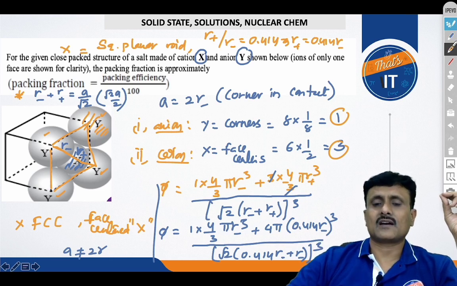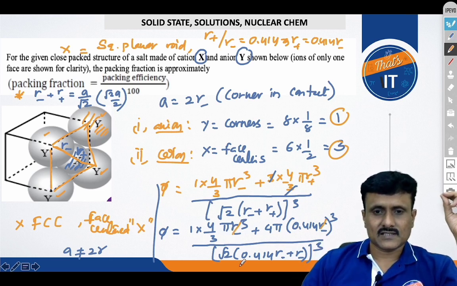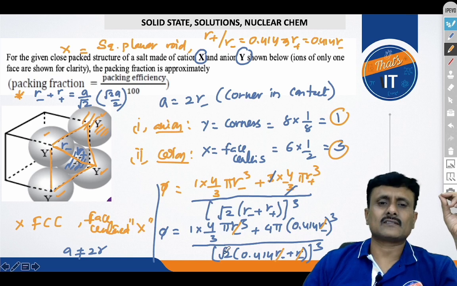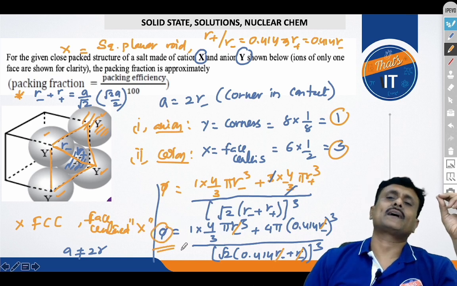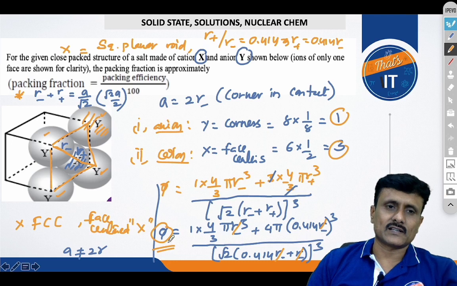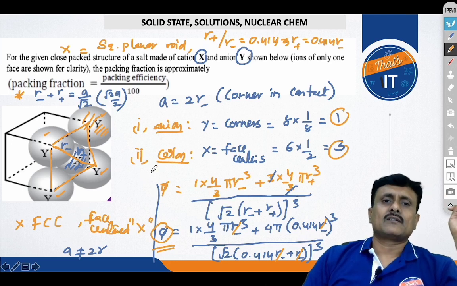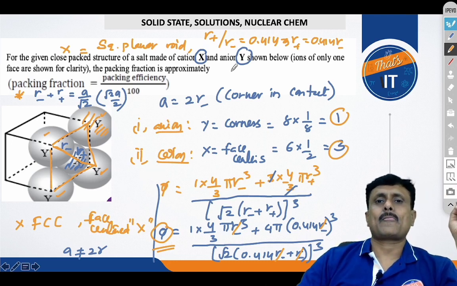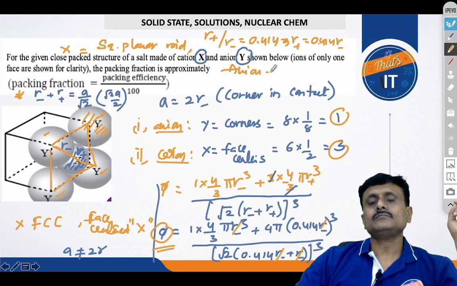You can see that R minus is taken common in all and it gets cancelled, and you will get a standard value for the packing fraction. The only point is that you need to identify that there is anion contact in this lattice. This is not FCC.